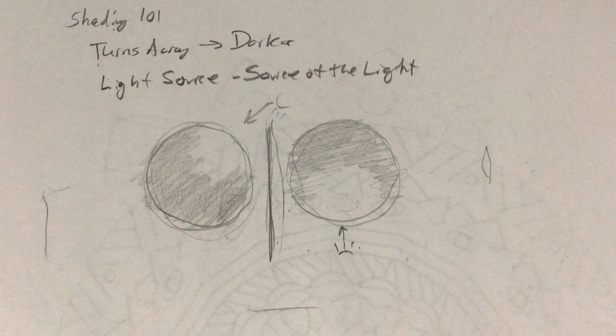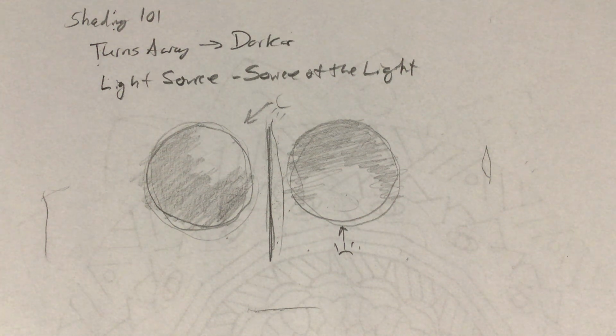Okay, now we have a sphere, a circle, and it's turning away from the light source. What happens to the color as it turns away? It gets darker. Perfect. As we go farther away from the light source and the object is turning, if it was flat, it would stay the same color.